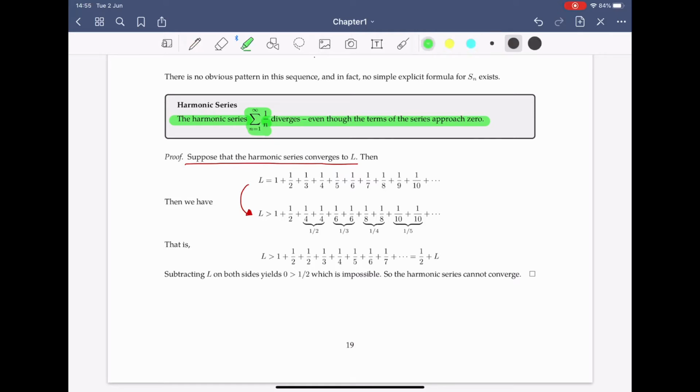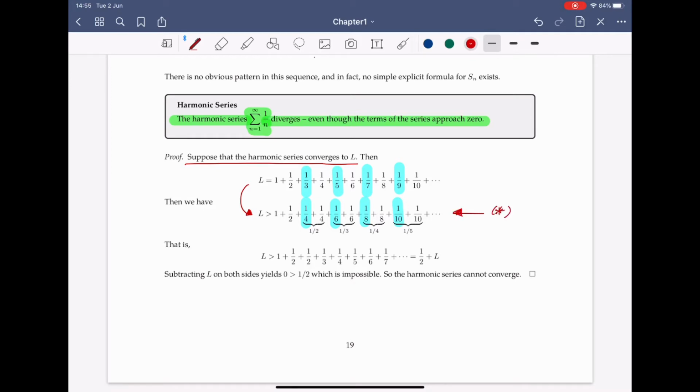What I did here is I replace 1/3 by 1/4, and then I replace 1/5 by 1/6, I replace 1/7 by 1/8, I replace 1/9 by 1/10. So you can see that this line, the line that I just said, is inequality star.